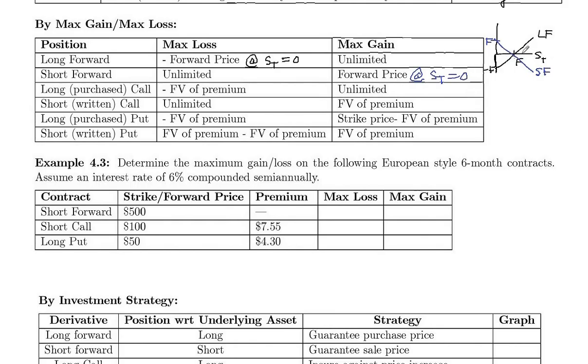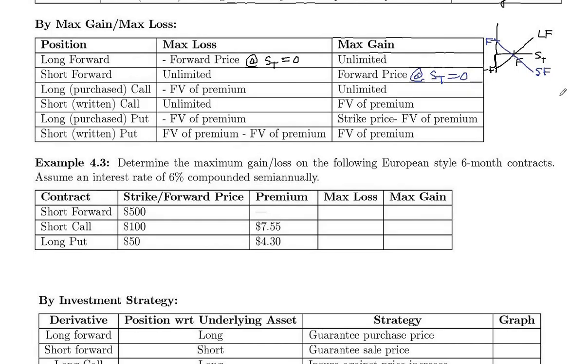However, if the spot price increases, you're obligated to sell at the forward price. And if that spot price increases, it could theoretically go to infinity. If you're short the forward, you're obligated to sell something whose value keeps going up, but you're obligated to sell it at a fixed price. So you're losing money on that asset.